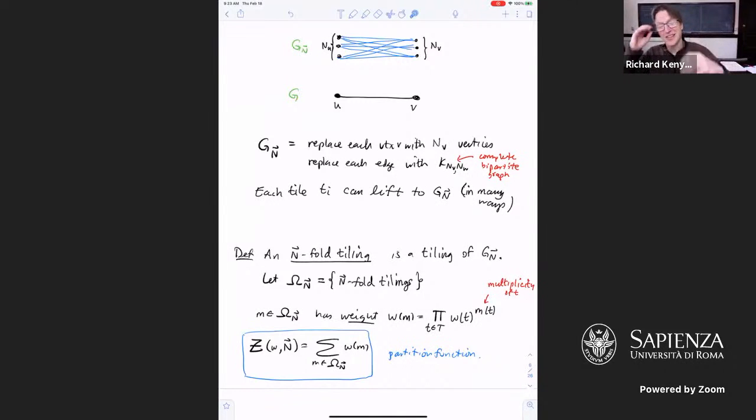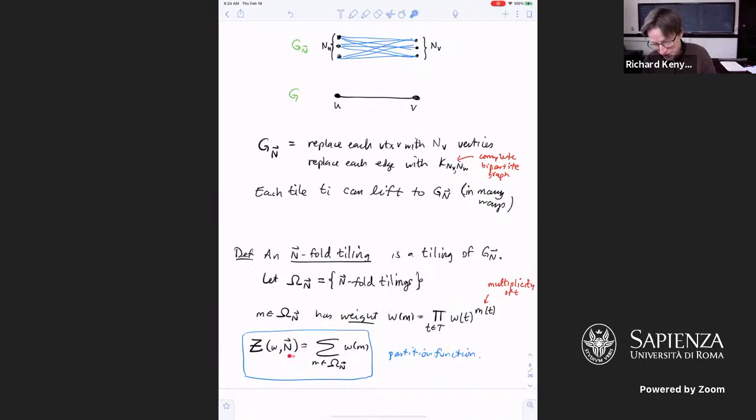Let me try to distinguish between the tiles which are in the graph downstairs and the lifts of those tiles, and I'll try to call the ones above the lifts of the tiles. There's a small number of tiles T. Those are the tiles in the base graph, and then each tile T gets used a certain number of times, m of T. So hopefully this is the natural way to weight such a multi-tiling.